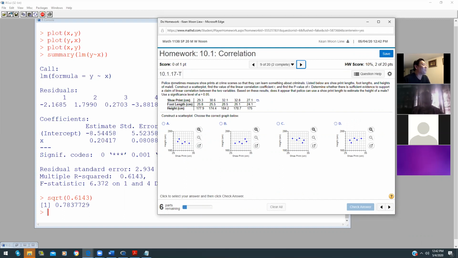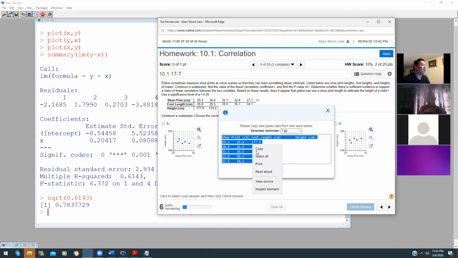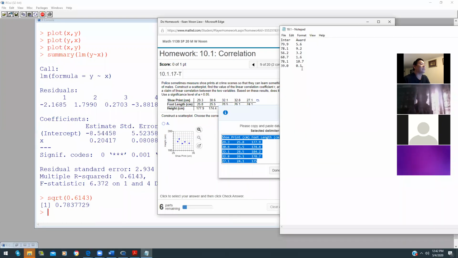So police sometimes measure shoe prints at a crime scene. Listed below are shoe prints, foot lengths, and the height. Construct a scatter plot for this. Okay, so let me copy this again, and then paste it to Notepad.